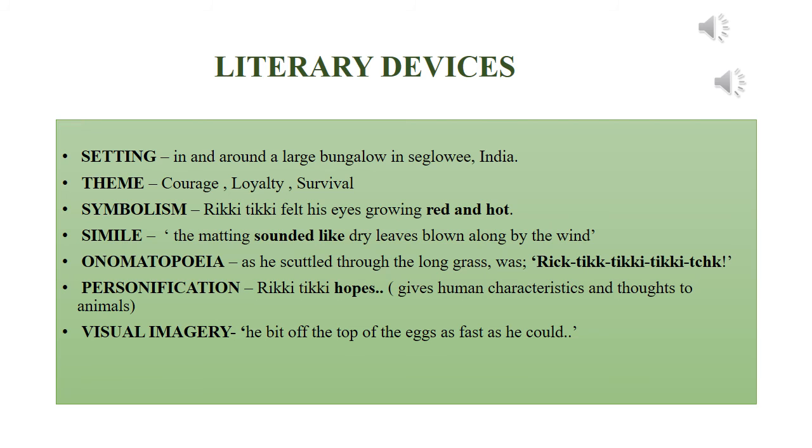So we can visualize many things in our mind when we are reading the story. As an example, he bit off the top of the eggs as fast as he could. And also the watermelon with the 25 eggs, those things we can visualize in our mind. And also the battle between the mongoose and Nag outside, we can visualize these things.